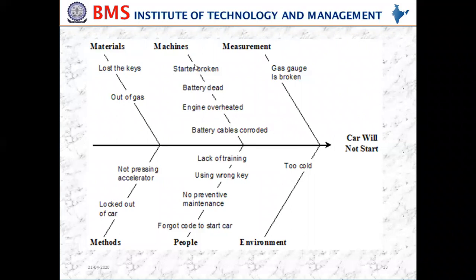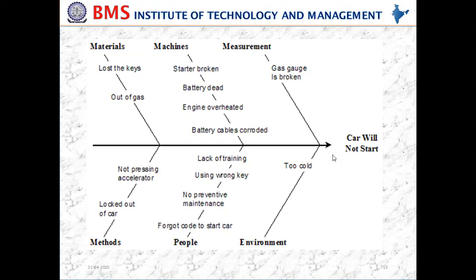So these are the possible causes under the machines category. And measurement. For example, your measurement may be wrong, meaning you are not able to measure how much petrol is available. If you look at all the cars, you will have a petrol measurement also.